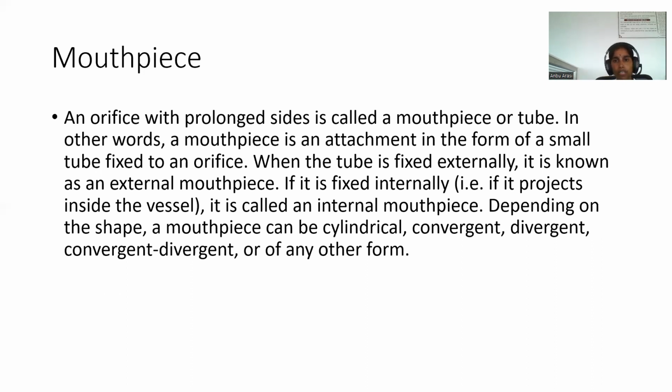When the tube is fixed externally, it is known as an external mouthpiece. If it is fixed internally, it is called an internal mouthpiece. Depending on the shape, a mouthpiece can be cylindrical, convergent, convergent-divergent, or of any other form.